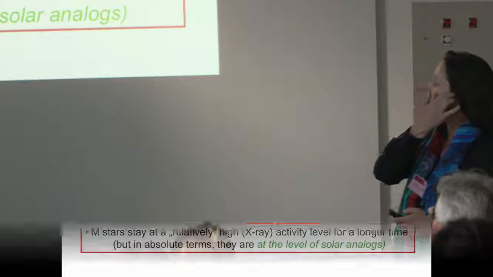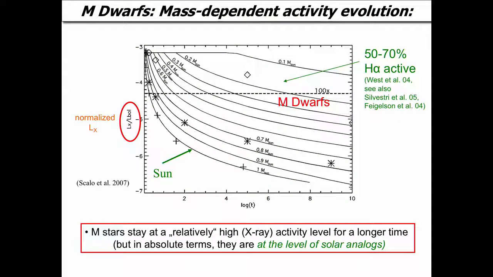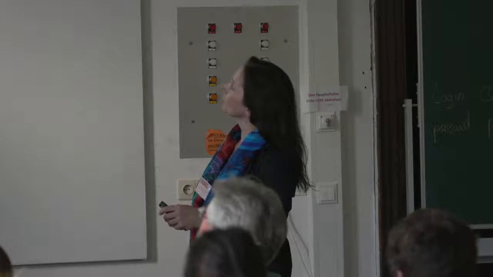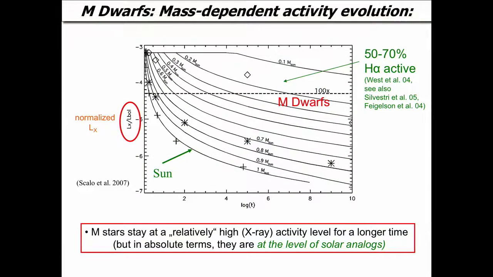And just to mention some characteristics and to put them into context with solar type stars, I'm showing you this plot, time against Lx to Lbol. We have plotted different tracks for different stellar masses, 0.1 solar masses, 0.2, 0.3 and so on, up to 1 solar mass. The sun should be around here.